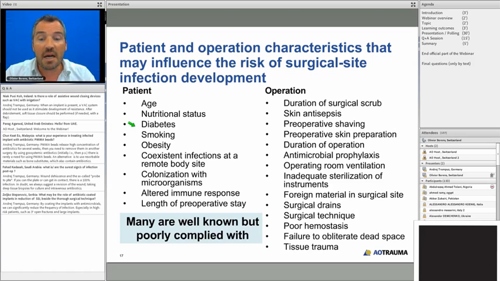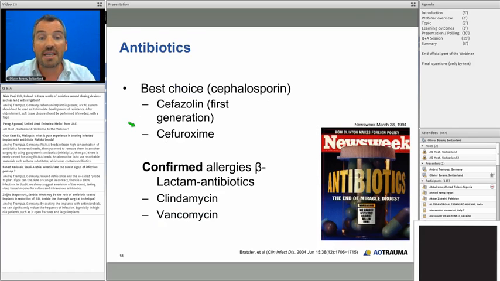So antimicrobial prophylaxis is important. Normally, every operation which we are doing where we are putting in foreign material should be combined with antibiotic prophylaxis. Normally, the ideal antibiotic prophylaxis is a first or a second generation cephalosporin. If we have a confirmed allergy to beta-lactam antibiotics, clindamycin or vancomycin would be a good alternative.